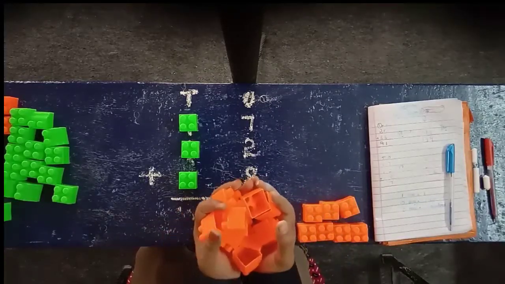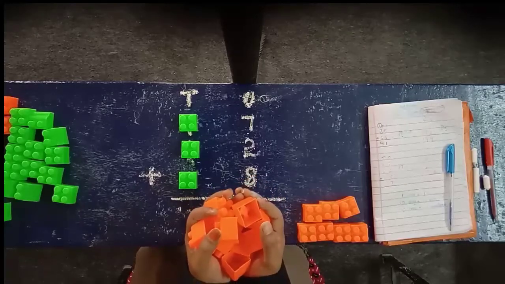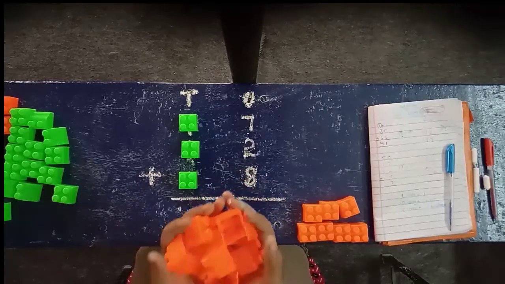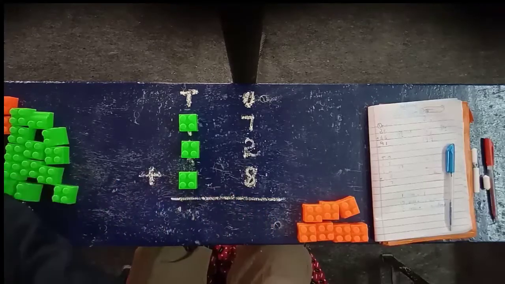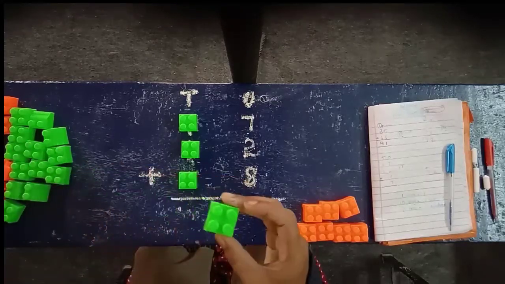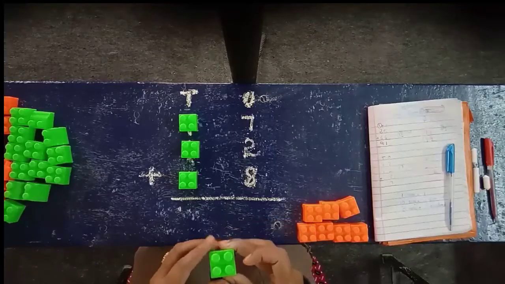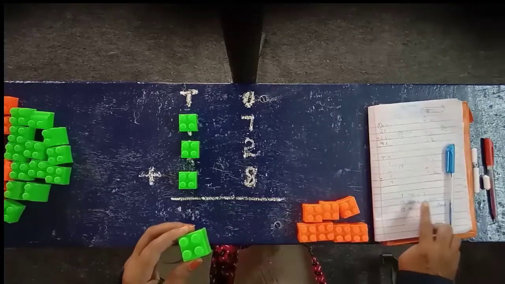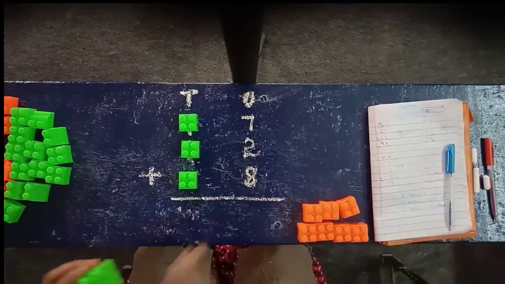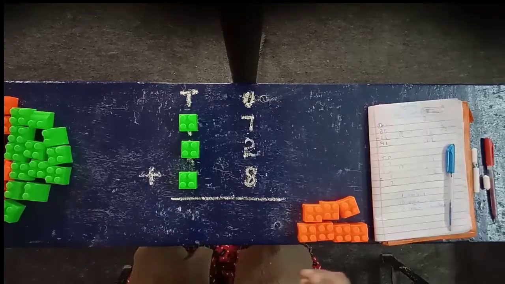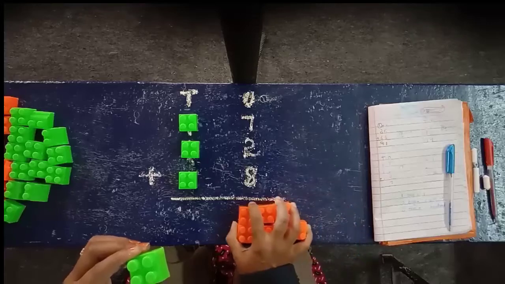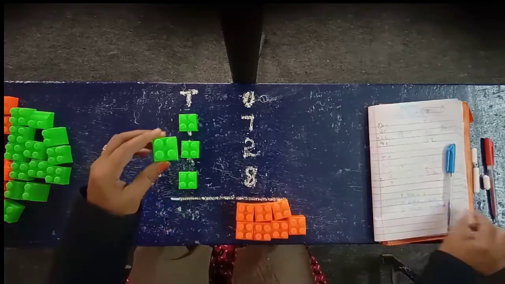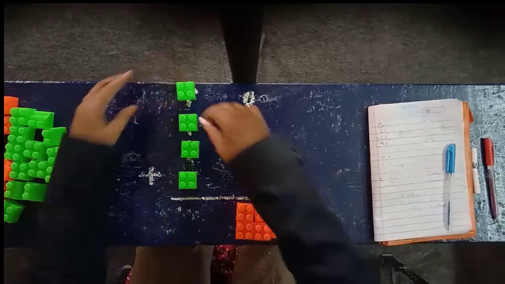Instead of 10 orange I am taking 1 green, nothing but 1 tens. So here 7 I am writing, and this I am taking as a carry, children.